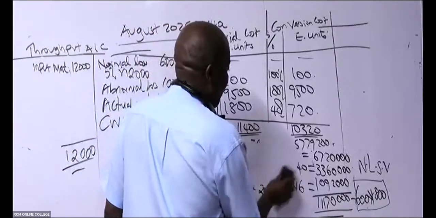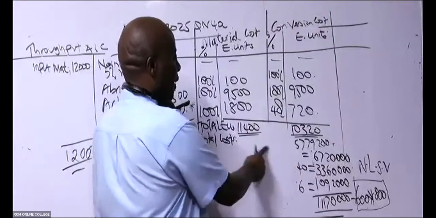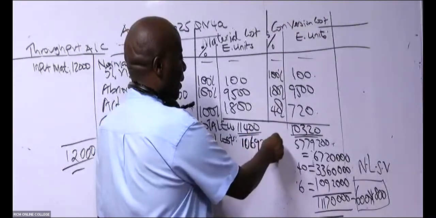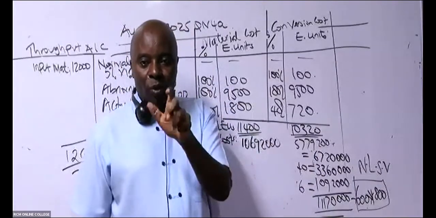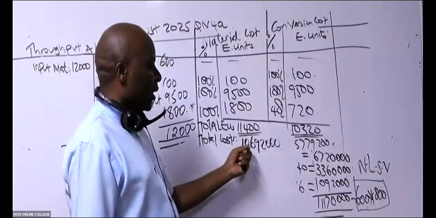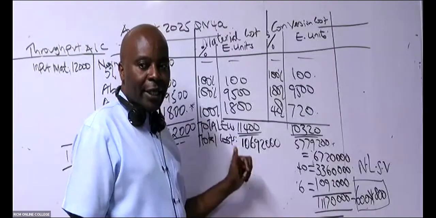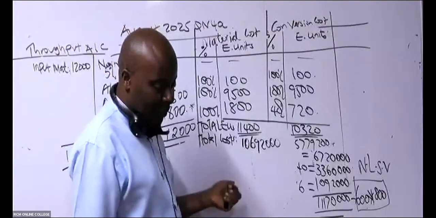The net material cost is 10,692,000. Yeah, remember we have gotten our normal material cost. What maybe could be confusing to you: in our normal class, we were writing this 11,170 here, and then we say less normal loss. It is the same thing.